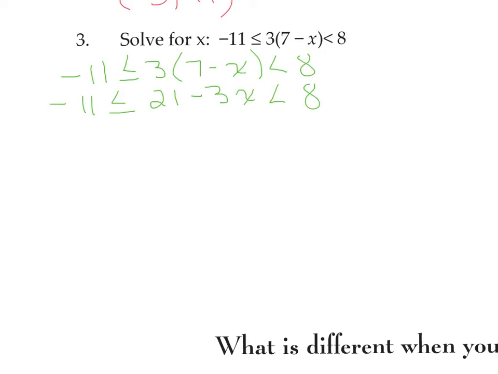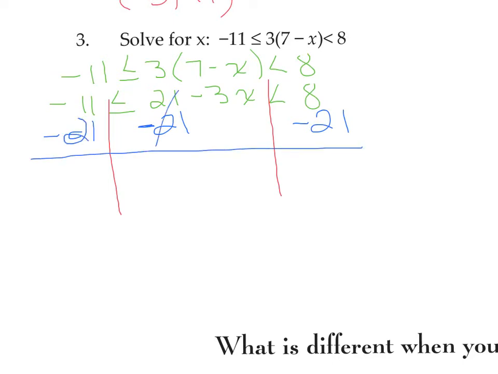And now I'm going to put my vertical lines in just to separate things. All right, to isolate this x in the middle here, we first need to get rid of, this is a positive 21, so we're going to subtract 21. On the right also, and on the left.